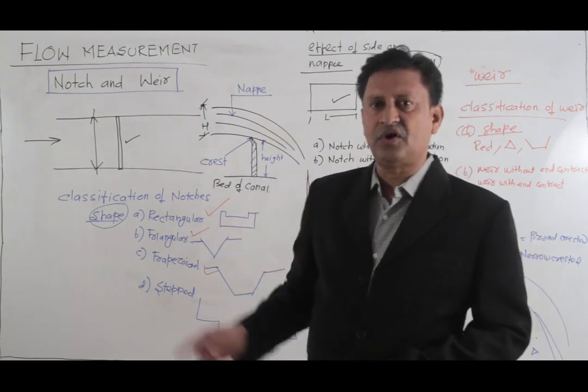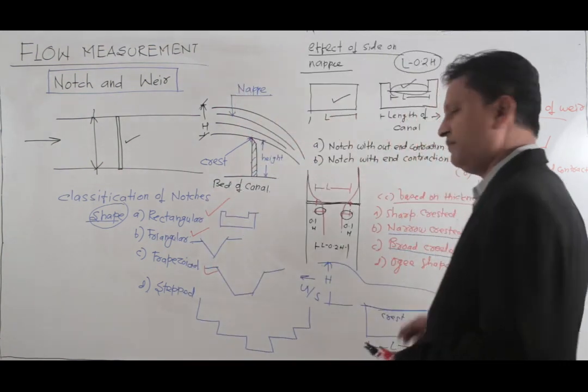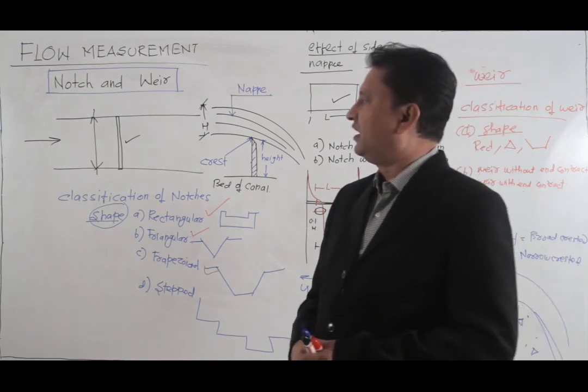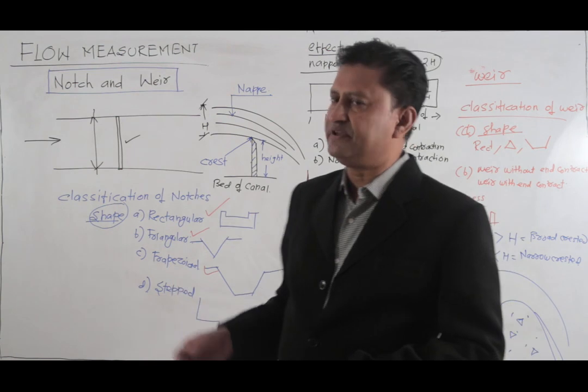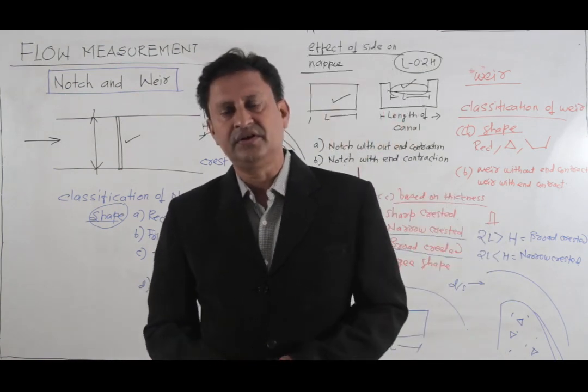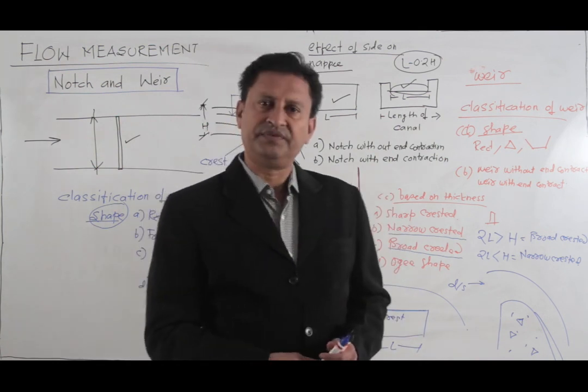The edges of the notch are sharp and thin, whereas the edges of the weir are wide. And the notch is made of metallic plate, whereas the weir is made of masonry or concrete structure. So this was the theoretical part of the notches and weir.